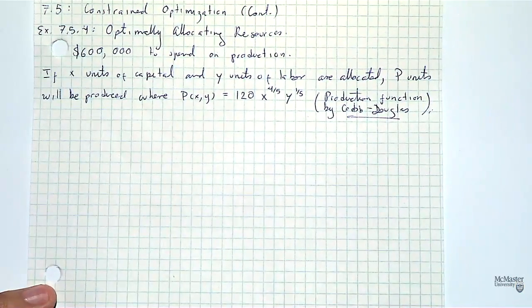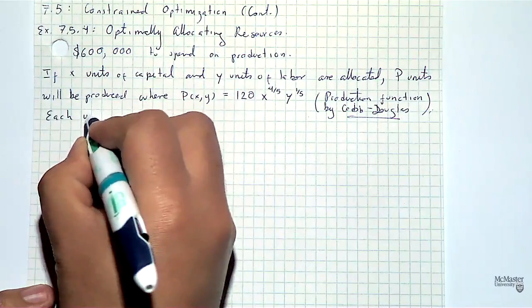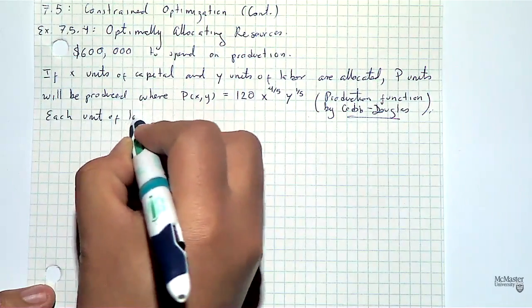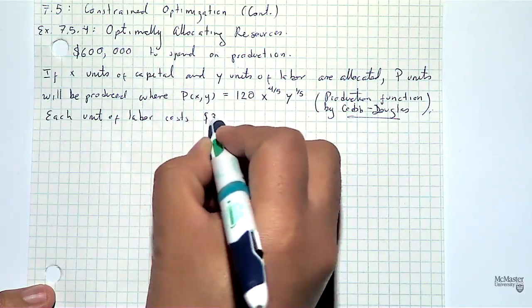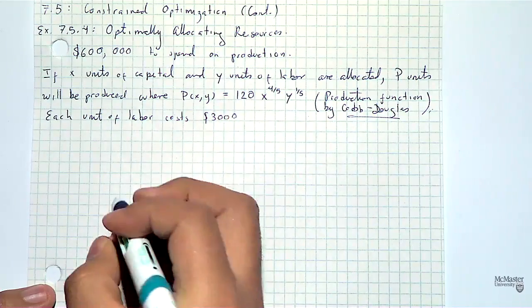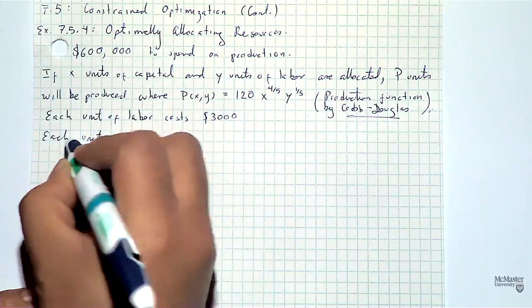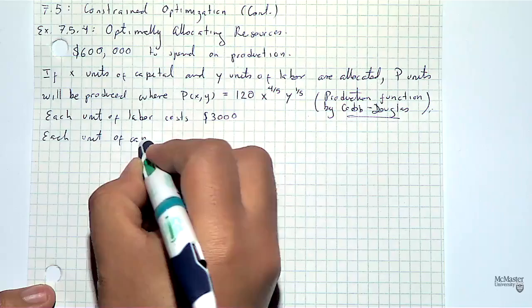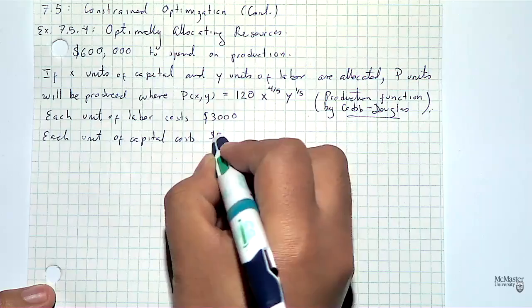Some other information that you have is that each unit of labor costs $3,000, and each unit of capital costs $5,000.